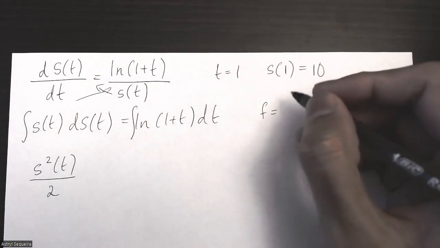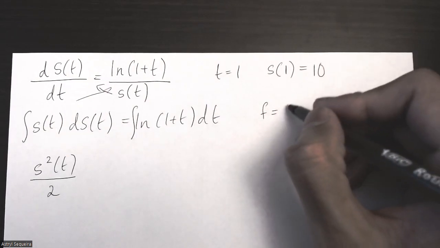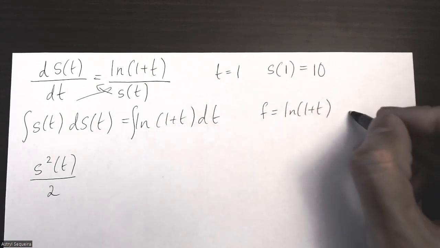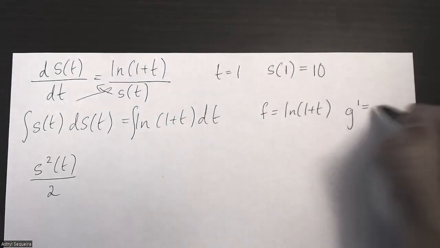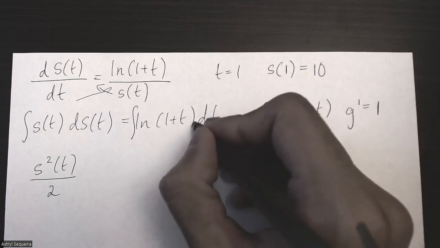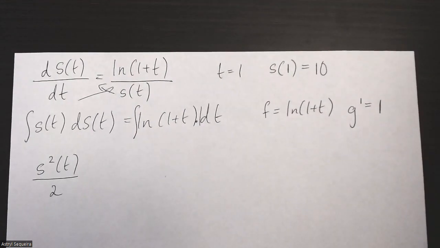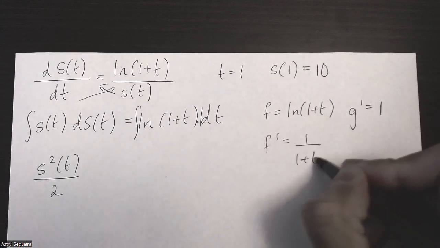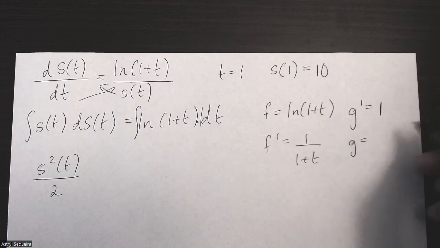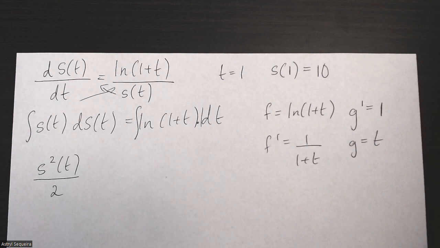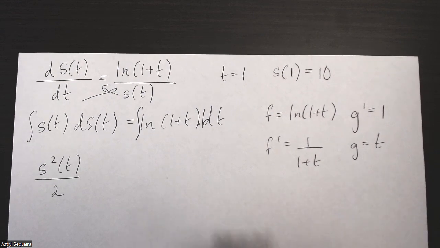So f equals ln of 1 plus t, which is the first function here, and I'm going to make my g prime equal to 1, which is I'm just creating a 1 over here so that I can do parts. So f prime is just 1 over 1 plus t, and g is just the integral of 1, which is t.